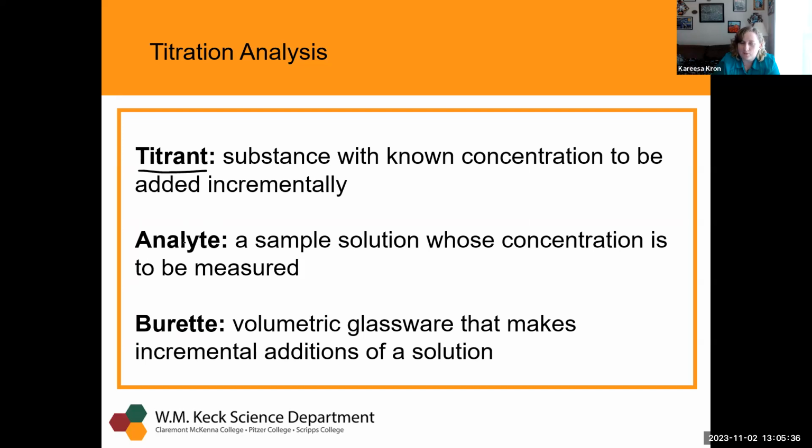Our analyte is what we're trying to analyze using our titrant, which we are slowly adding in. The tool that we use to slowly add our solution of titrant is a burette, which we've used in lab. It's a piece of volumetric glassware that allows us to make these incremental additions of our titrant to our analyte.